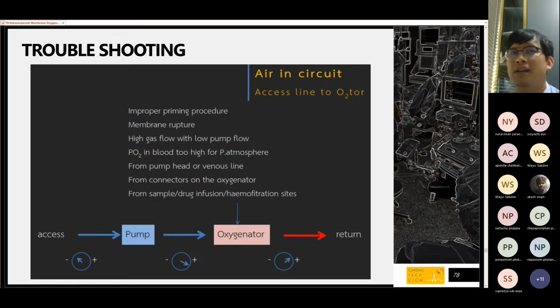From the pump head, and also this one, air stuck in the oxygenator, or maybe before, because you drew blood from a sample port and did not de-air well. This can cause air trapping in the oxygenator.